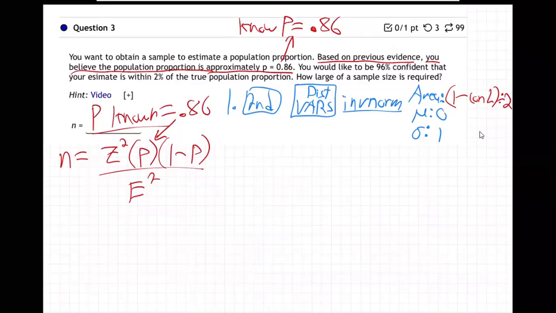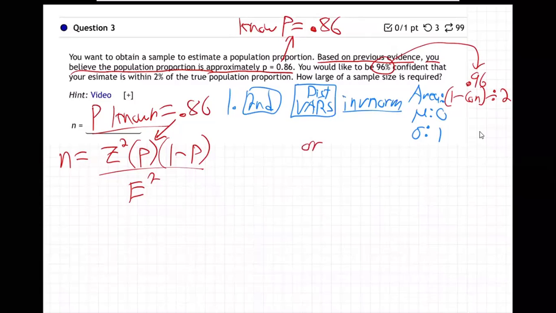1 minus confidence level divided by 2. And the confidence level is 96% in my case, so 0.96 divided by 2.